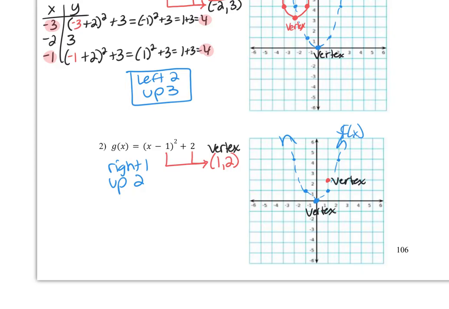So now I'm just going to do that with every point. I already moved my vertex, so I'm going to move this one. Up 2, right 1. This next one. Up 2, right 1. These guys.